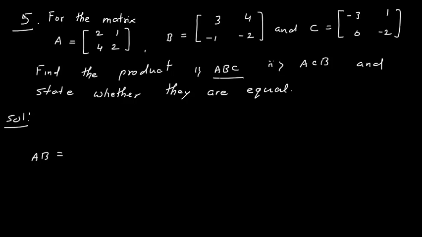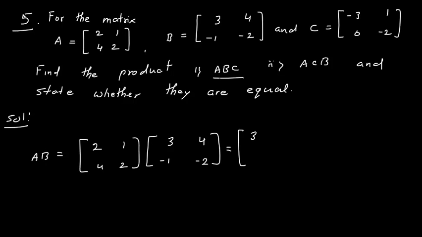So this A into B is A, we will write 2 1 4 2, and then B is 3, 4, minus 1, minus 2, and this is equals to, let us see whether we can write here, it is 2 into 3 plus 1 into minus 1.